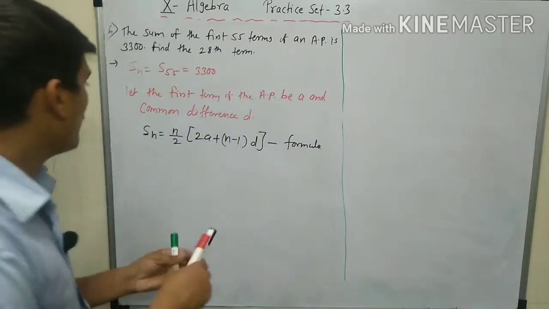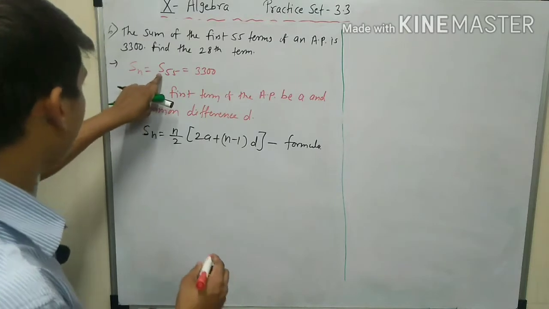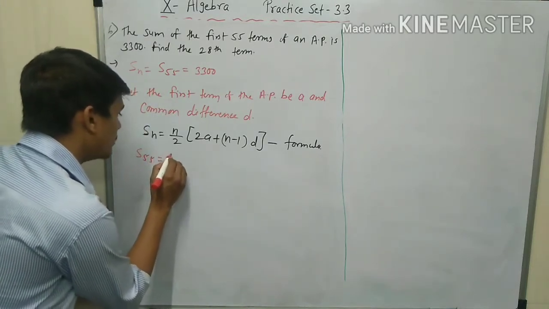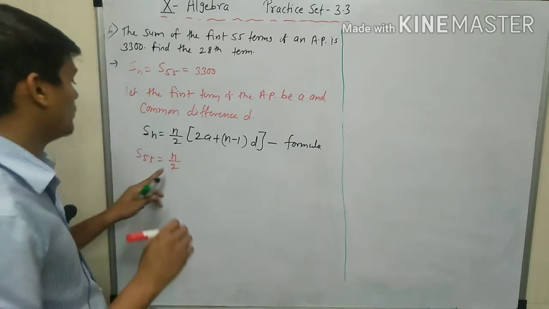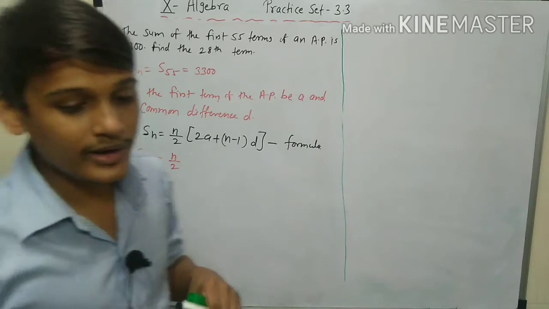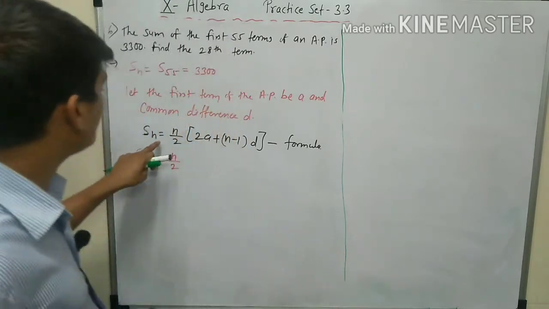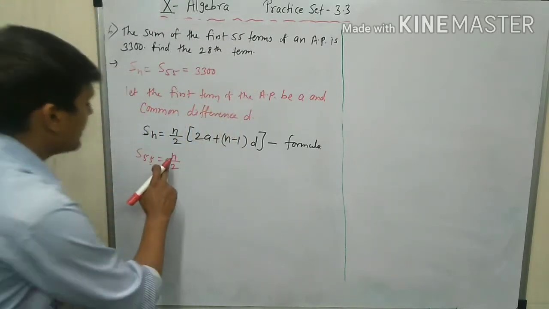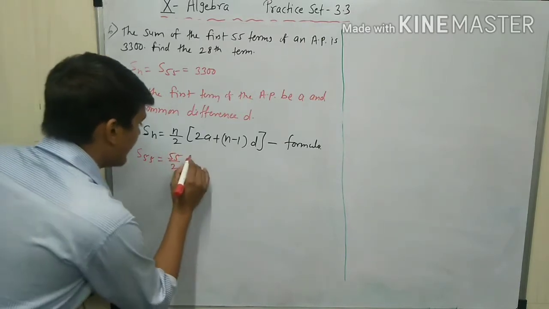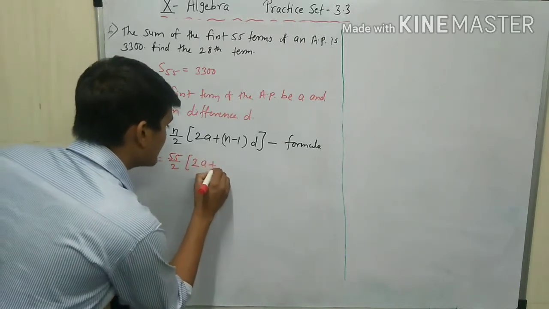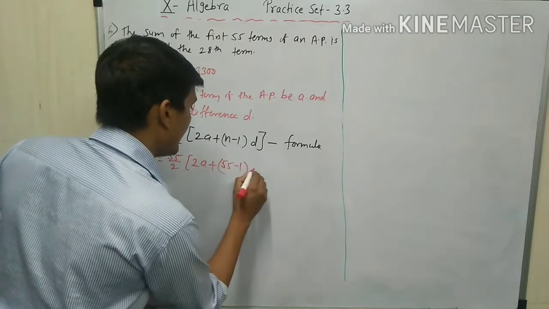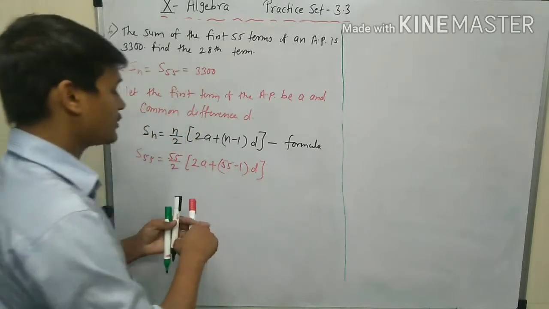Understood? Now put the value of Sn. Sn means S55. We can put here S55 is equal to n upon 2, bracket 2a plus (n minus 1)d. Now the value of n is 55. We can write here 55 upon 2, 2a plus (55 minus 1)d. Understood?